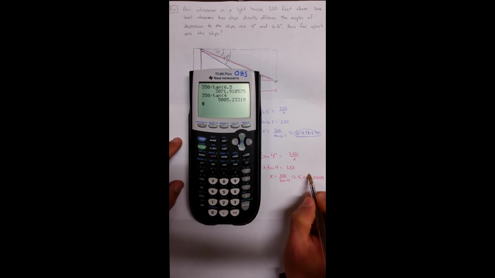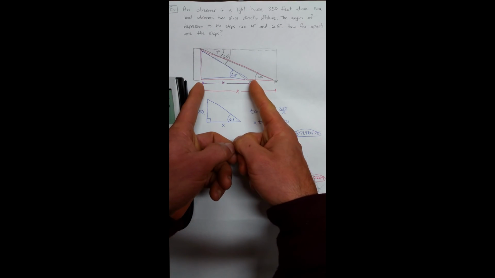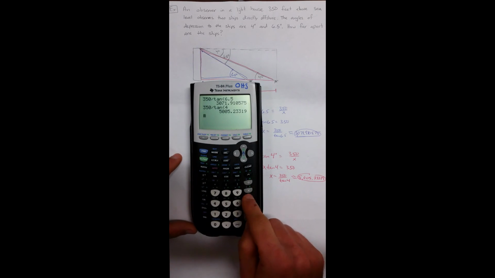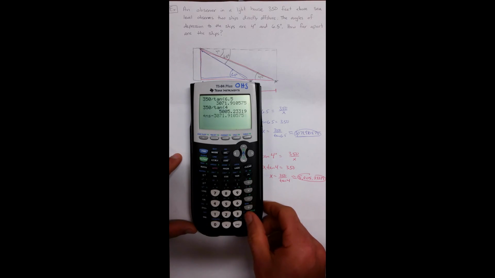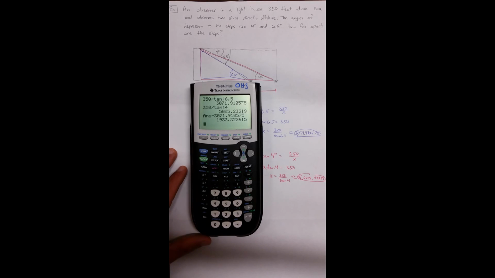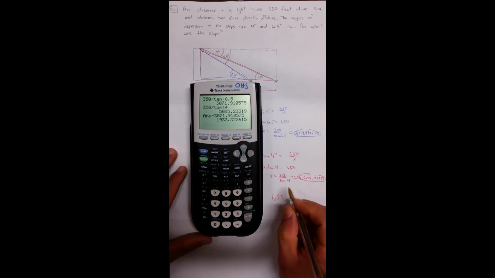And now, like we said before, I know this distance here is 5,005 approximately. I know that distance is 3,071. Now I just need to subtract them. So subtract that number, and that should be the distance between the two ships, 1,933.32 feet.